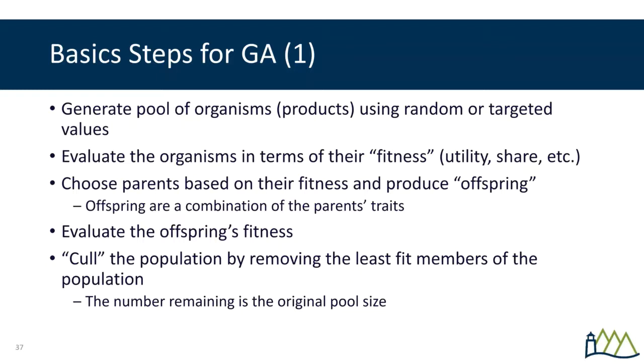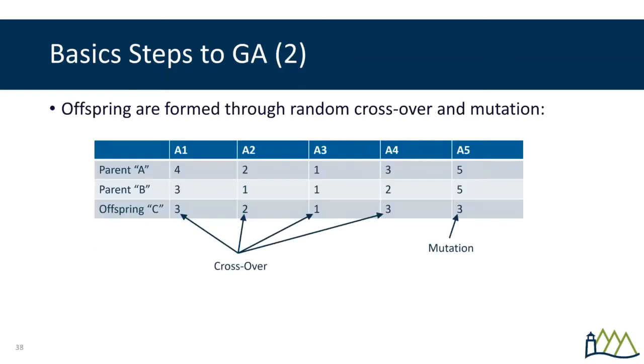And then we evaluate the offspring's fitness along with the parents, and we cull through the population and remove the least fit members, whether they're parents or offspring, and then continue to do this over and over again until we can no longer improve on our generation, essentially.